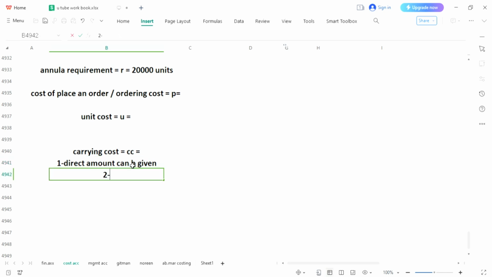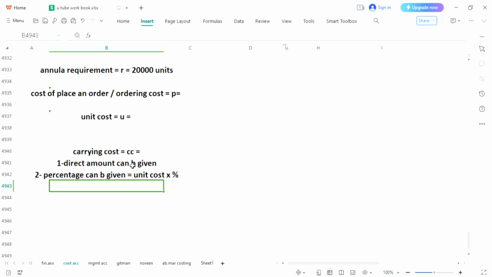Secondly, a percentage can be given. In case of percentage, you will take unit cost and multiply it with the percentage which is given.